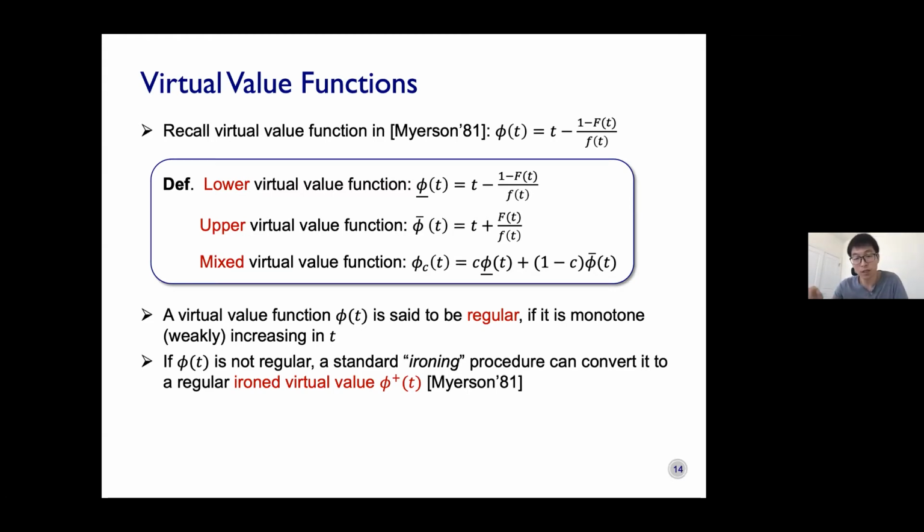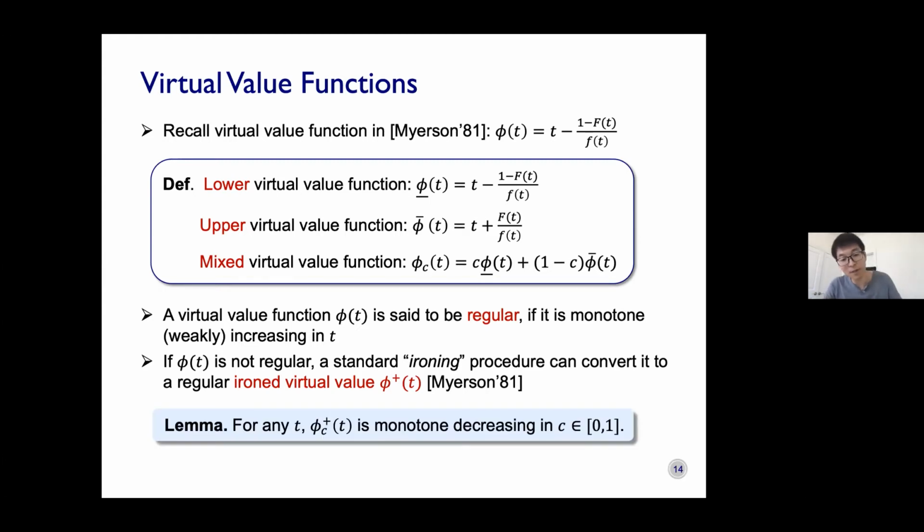In Myerson's work, he developed the ironing technique for the lower virtual value, but it generalizes to an arbitrary function. A crucial technical lemma that we will need is that for any fixed t, the ironed virtual value, the mixed virtual value φ_c(t), is actually monotone decreasing in c. This is pretty intuitive for the original virtual value, because c is the fraction you are mixing the lower virtual value, which is smaller.